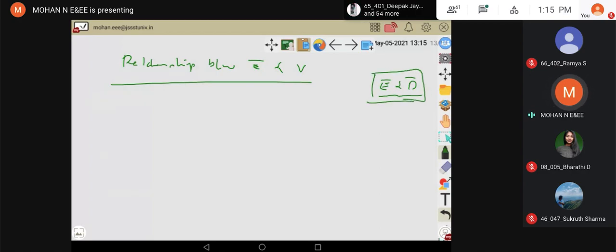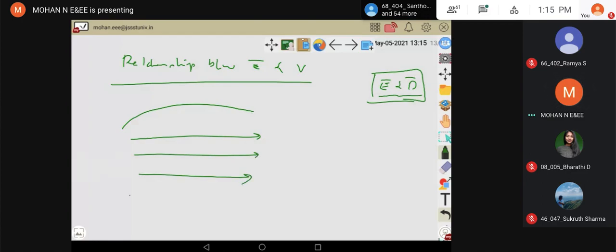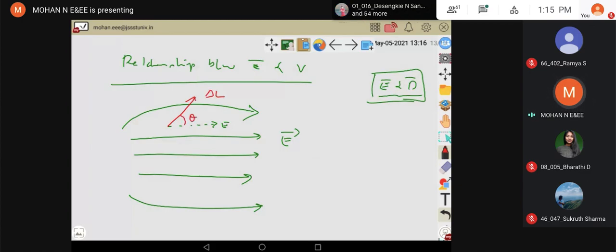So here we shall discuss the relationship between E and V. Okay, so let us take some field like this. That is, the field is given by E vector, and let me take a distance vector like this with delta L, making an angle theta with respect to E vector at this point P.